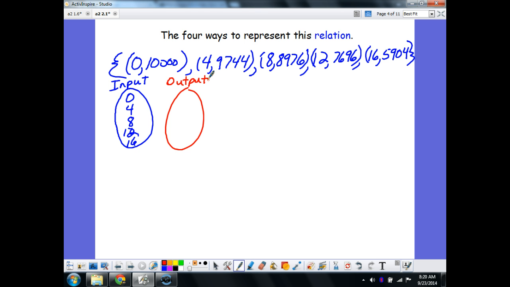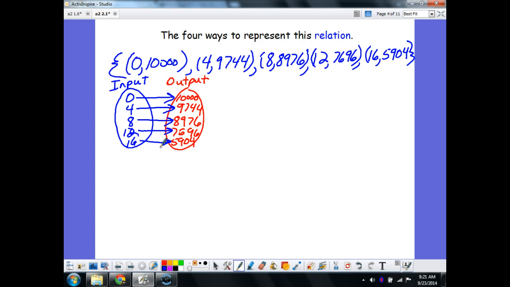So then the outputs are the heights, the 10,000, the 9744, 8976, 7696, and the 5904. And then we just draw arrows from the input to the output. And that's the mapping that's going on. And this is called the mapping diagram for this particular relation.